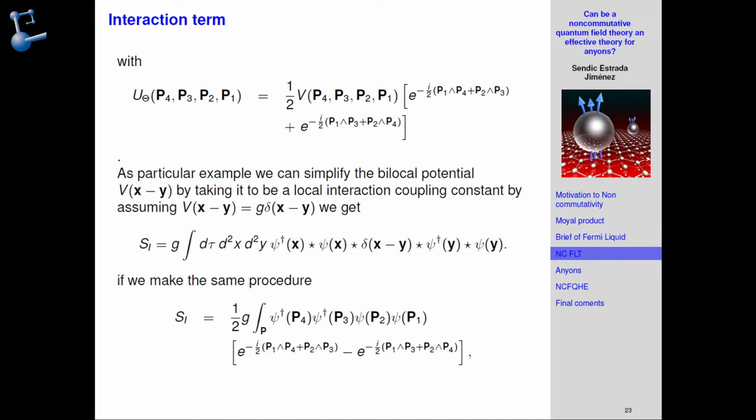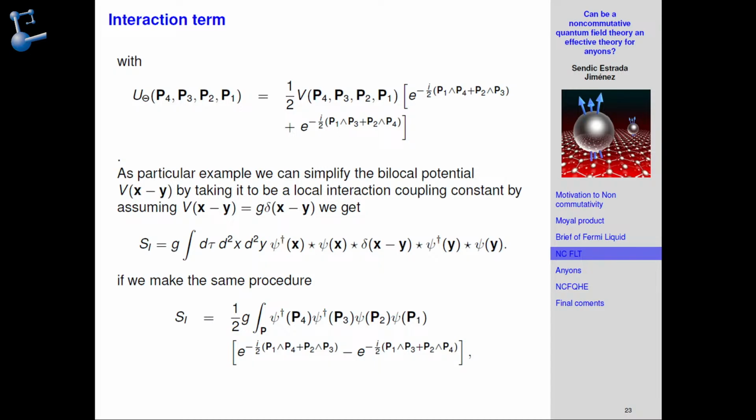As a particular example, we can simplify the potential by taking it to be a local interaction with a coupling constant, but assuming that it is only a delta. If we follow the same procedure, the interaction action can be reduced to this form.